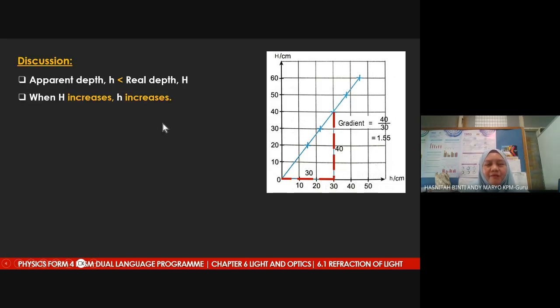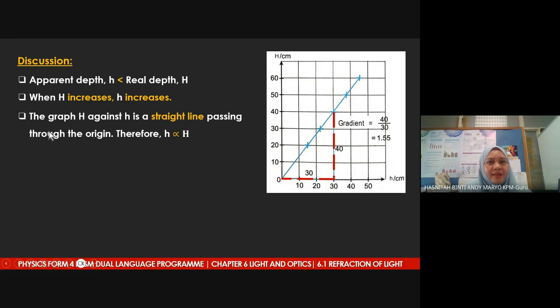Meaning the position of the image is always lower than the position of the object. Second, we can look from the table. When H increases, when the real depth increases, apparent depth also increases. From the table, it shows increases in both columns. And then third, the graph of h against H is a straight line graph passing through the origin.